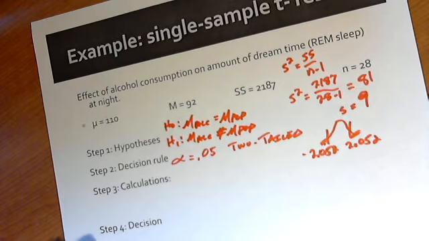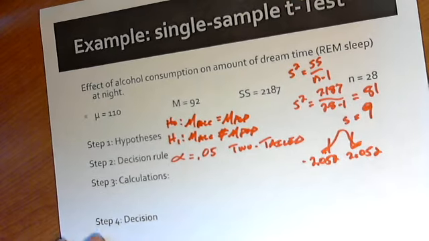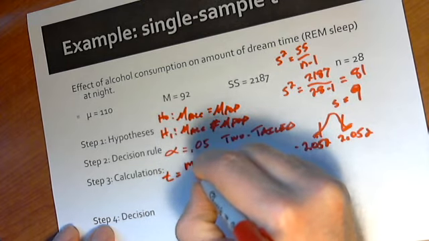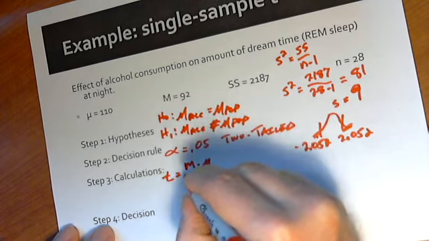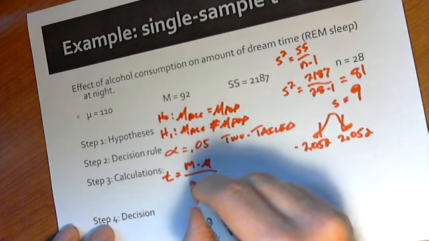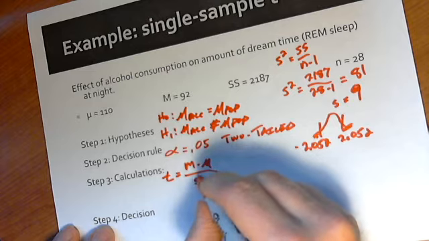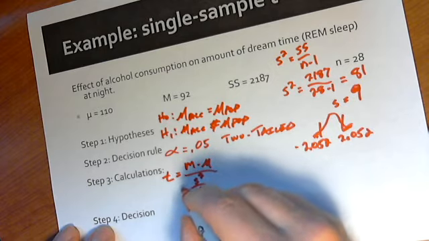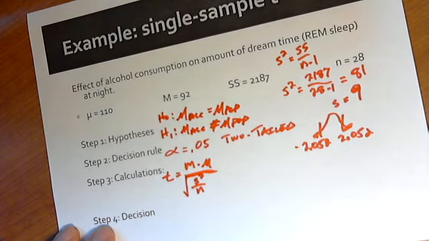Okay, then we'll go through our calculations here. So remember our t formula: sample mean minus the population mean, divided by the standard error of the mean, which is the sample variance divided by the sample size, and then we get the square root of that number.